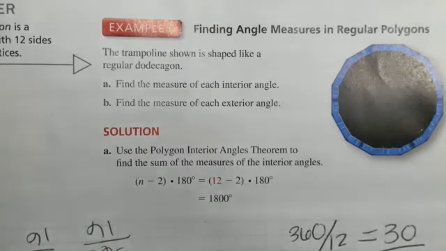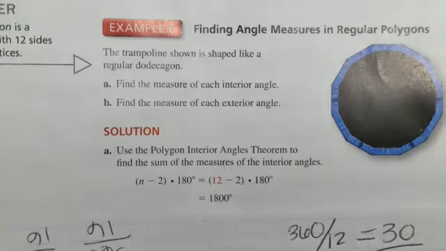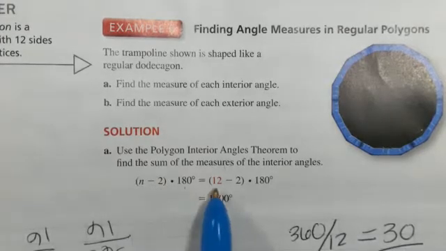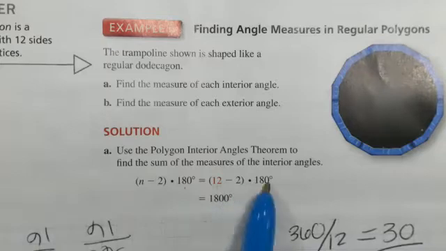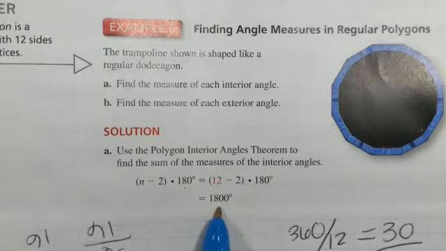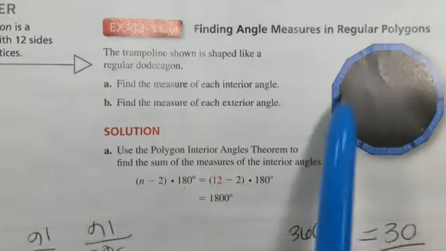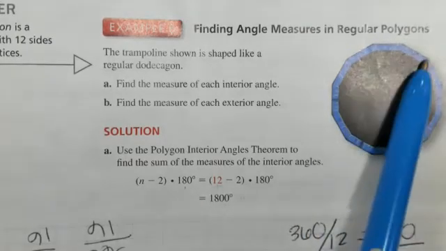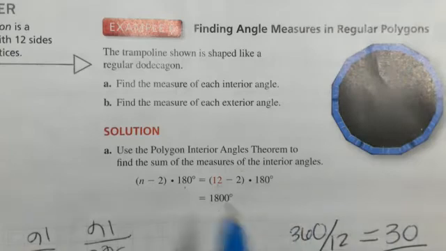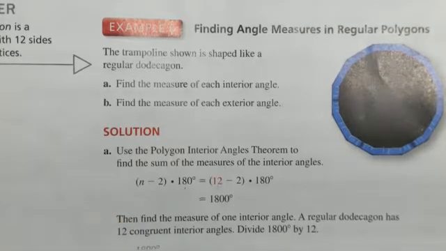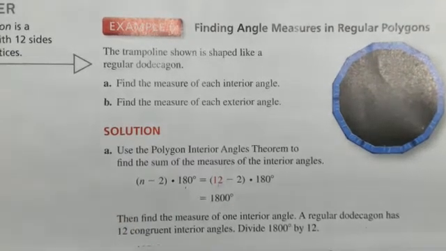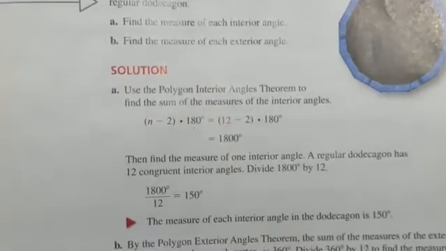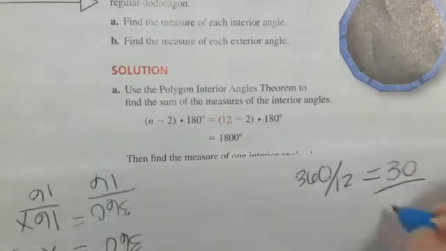So we can say n minus 2 times 180, plug in our 12 there, and we're going to get 1,800 for our total measures of our angles. Now we know that this is regular, so each angle is going to be exactly the same. So then we would just divide by 12. And we would get 150 degrees.